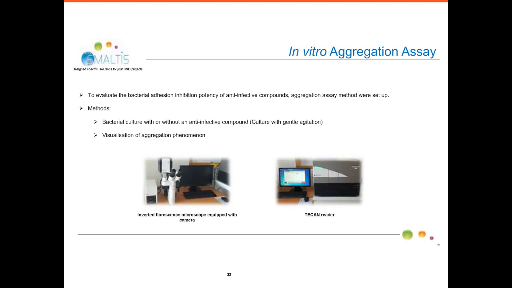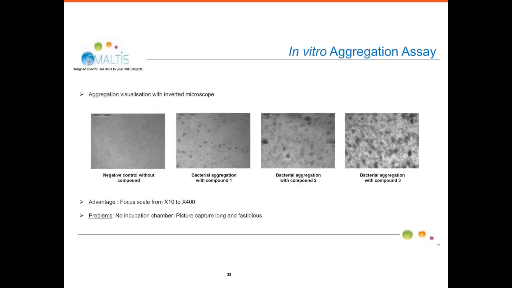As with the in vitro adhesion assay, the visualization can be done either by using the microscope or by using the Tecan reader. First, if you visualize the aggregation with the microscope, on this picture you can see a result obtained.